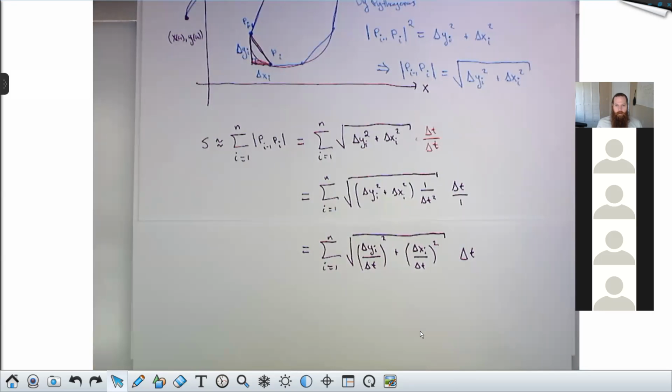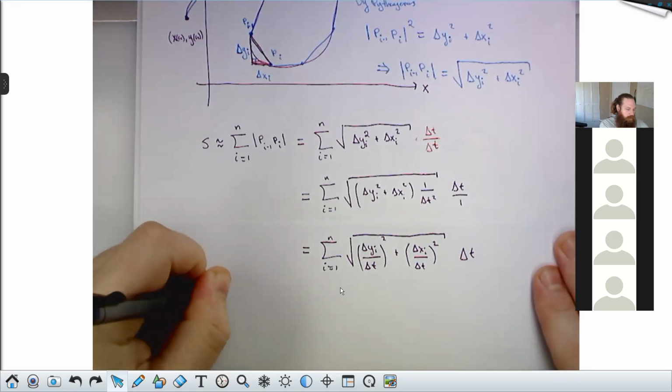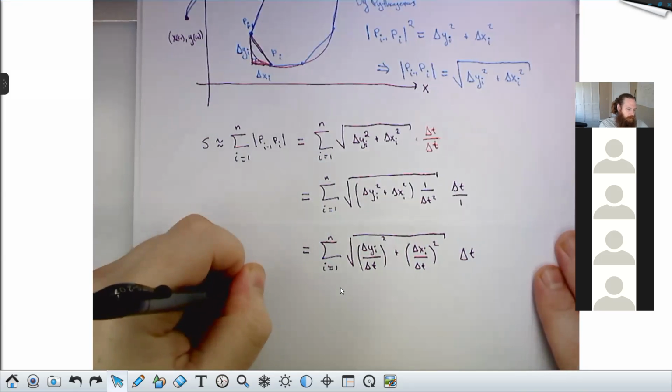And this again is looking like a Riemann sum. As n goes to infinity, this will become dy dt, and this will become dx dt, this will become dt, and this will become the integral from a to b. So as n goes to infinity, two things happen.